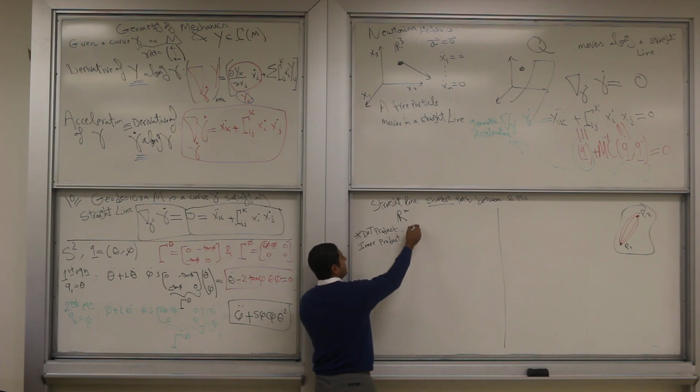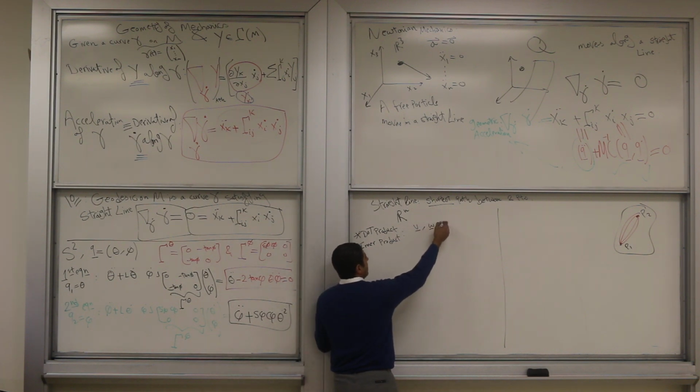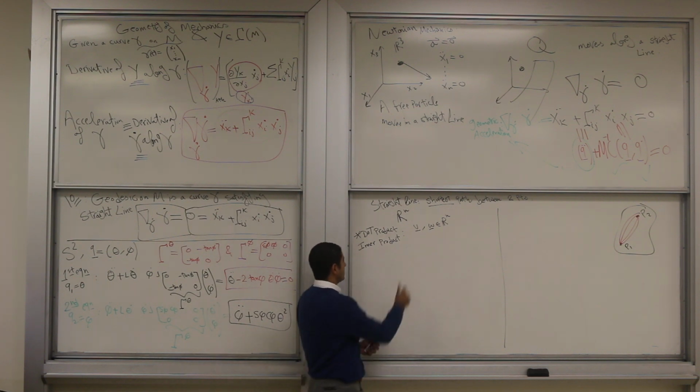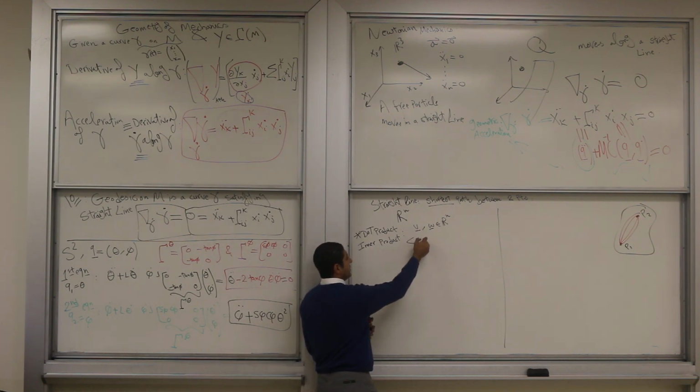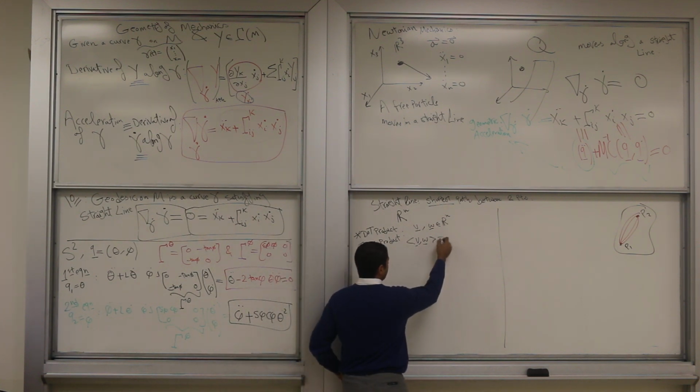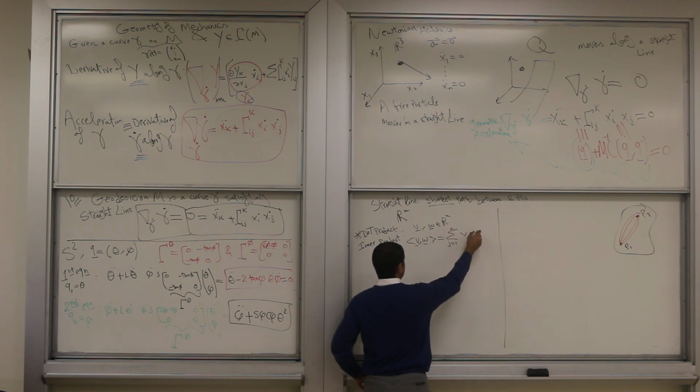How do you do dot product if you have V and W in Rn? How do you do dot product between V and W? Well, this is magnitudes and cosine. So we denote it by this bracket, equal to the summation j from 1 to n of Vj Wj, right?